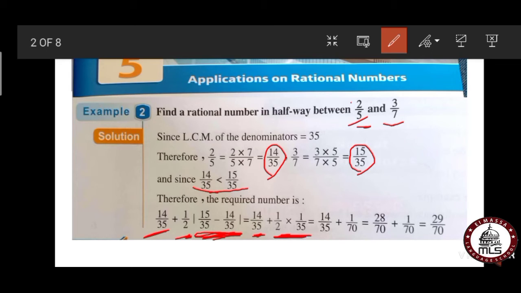At first we make the multiplication, then it will be 14 over 35 plus 1 over 70, which equals 29 over 70. This is the number halfway between 2 over 5 and 3 over 7.